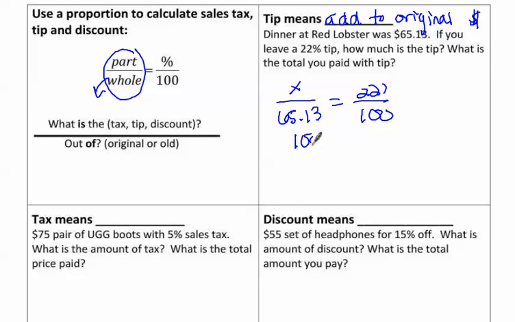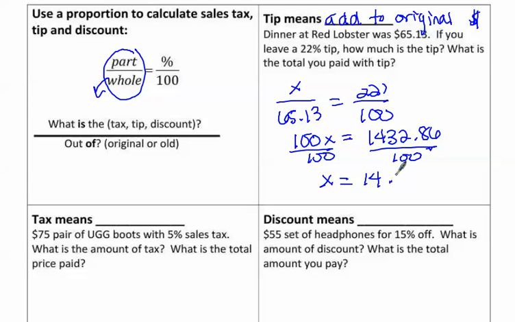You want to cross multiply to get 100x equals 1,432.86. Divide by 100 and get x equals $14.33, because your 8 rounds up your 2 to a 3.